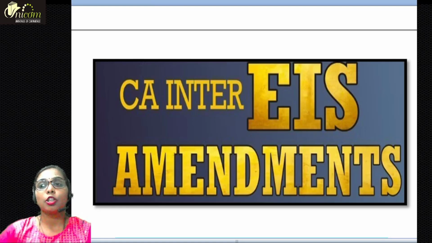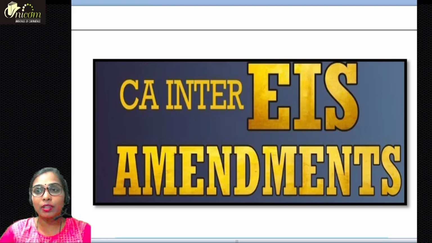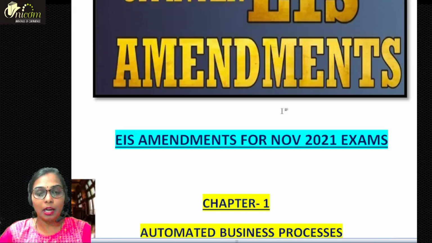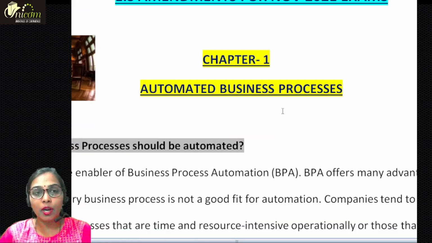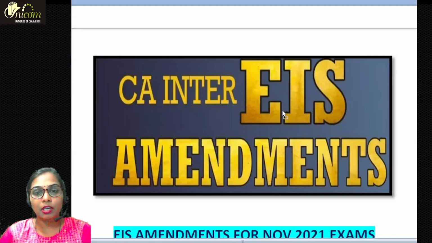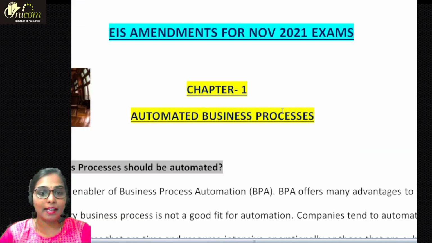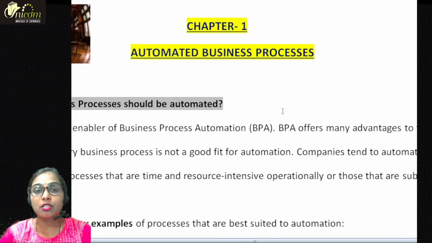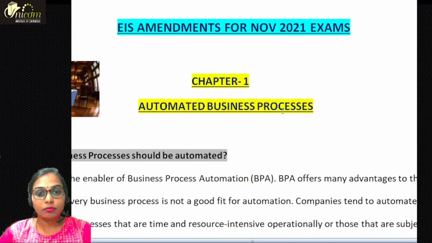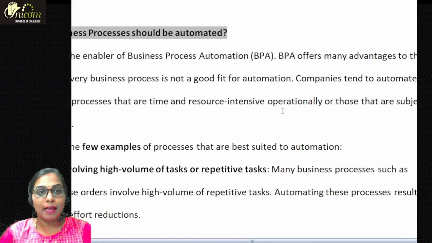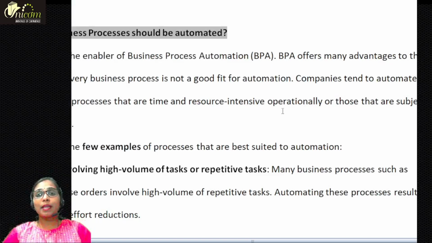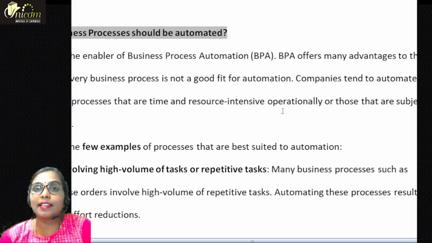Okay, so let's start with chapter number 1. As you know, chapter number 1 is known as Automated Business Process. In this there has been an addition of a topic, that is, which business processes should be automated.